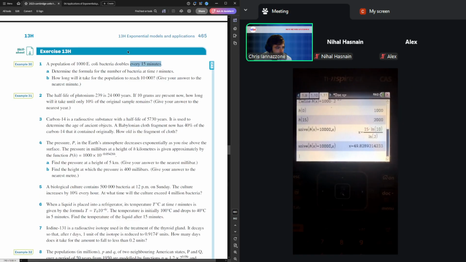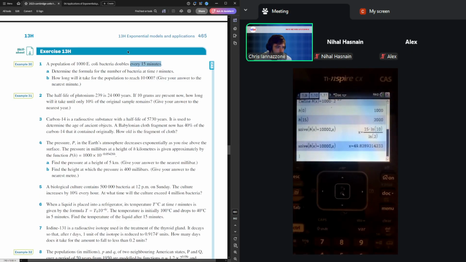Okay, next up, half-life of plutonium, 24,000 years. 10 grams are present now. How long will it take until only 10% of the original sample remains? So this is the kind of question where things are going to get a little bit more challenging, because it's just different information, really.